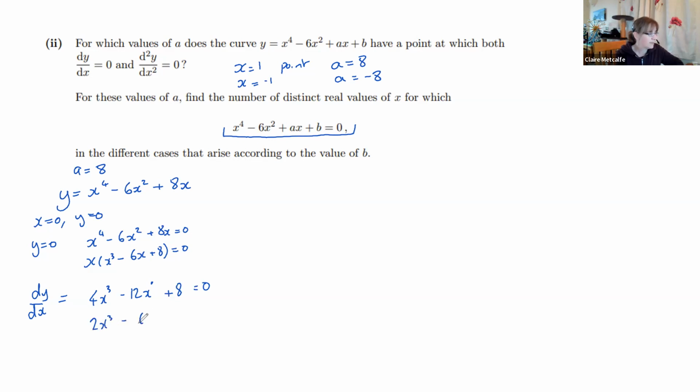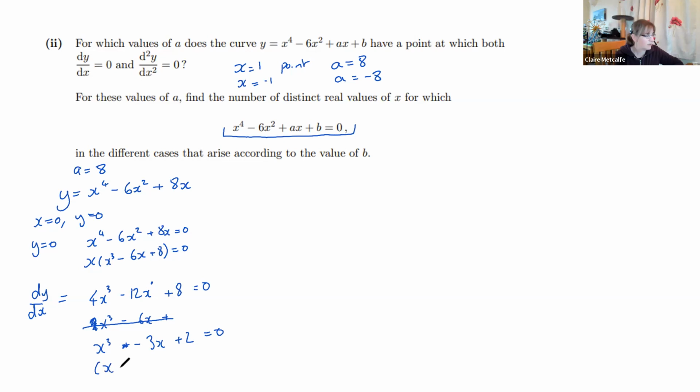Let's try that again. x cubed minus 3x plus 2 equals 0. Okay, I already know that I'm taking a equals 8, so I already know that x equals 1 has got to be one of these points.